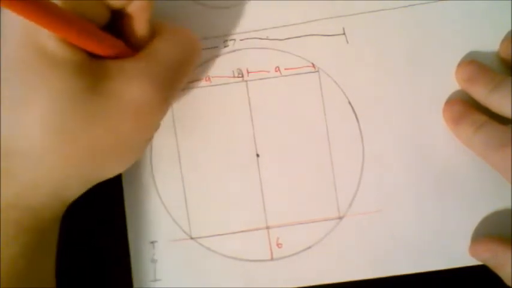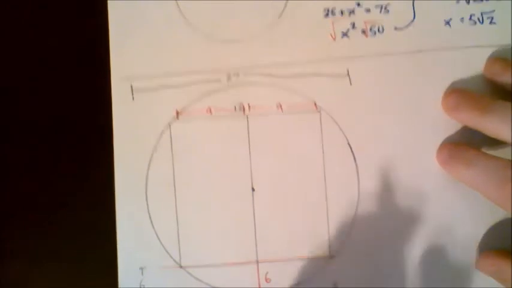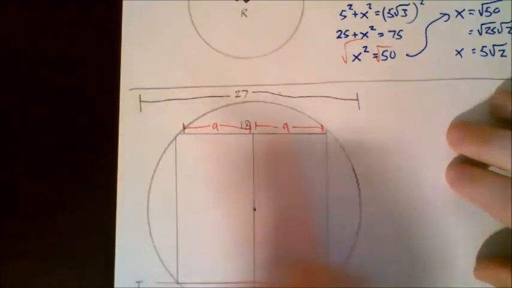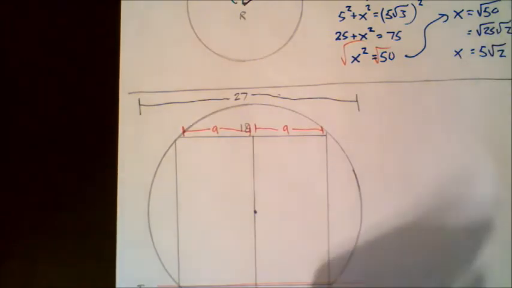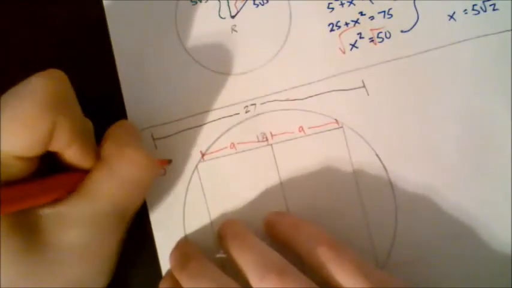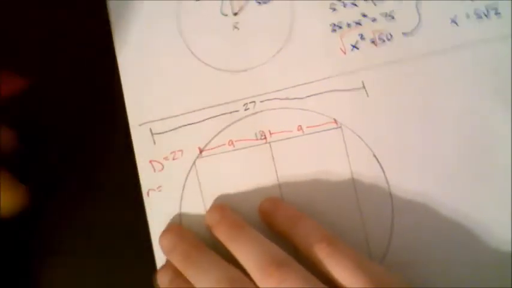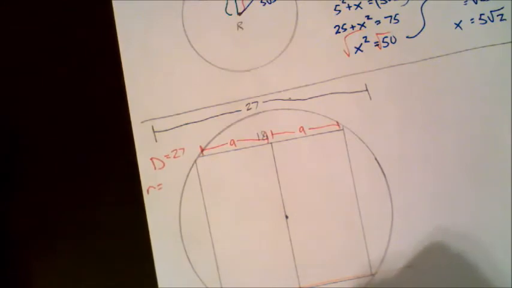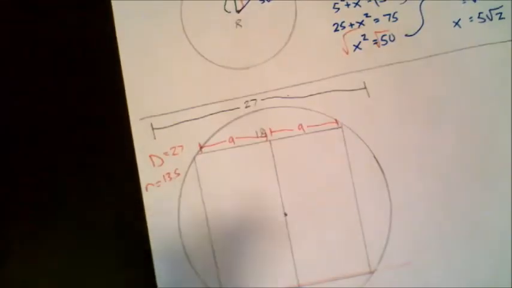So we're just taking that chord of 18 feet and we're just going to cut it in half. We know that the diameter of the circle is 27 feet. All right, so if the diameter equals 27 feet, then the radius must equal half of 27, so that's just going to be 13.5.